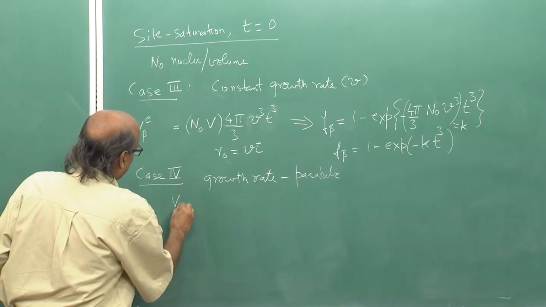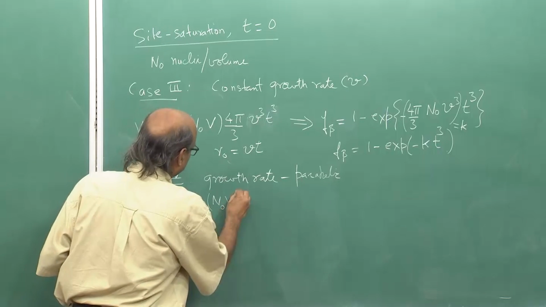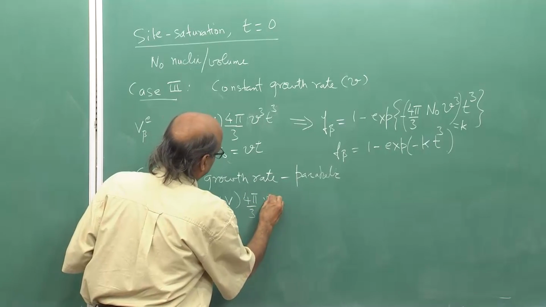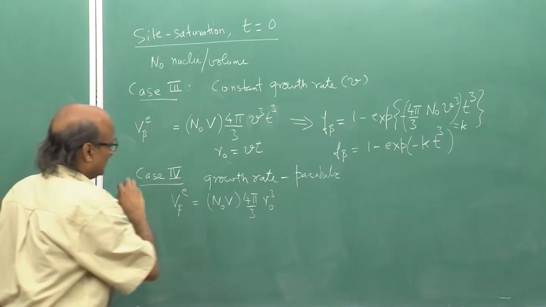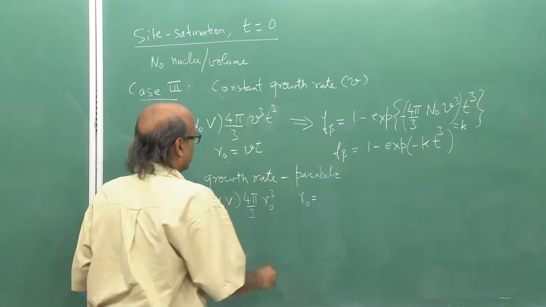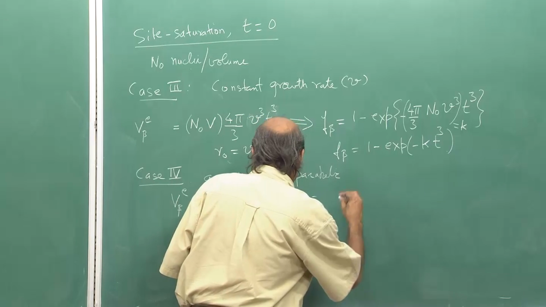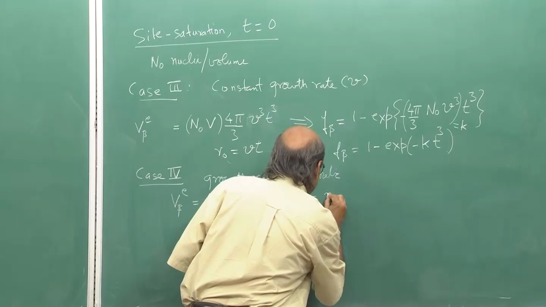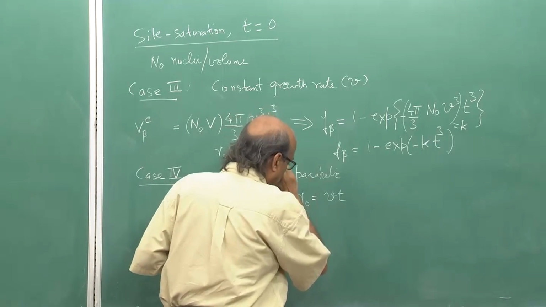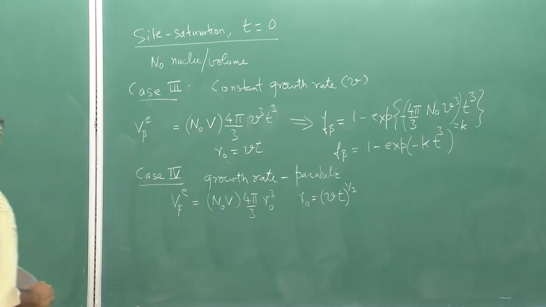Now the extended volume would simply be N0V times 4 pi by 3 R naught cube, and R0 would be written as V T to the power half.